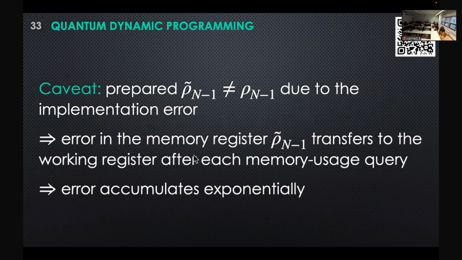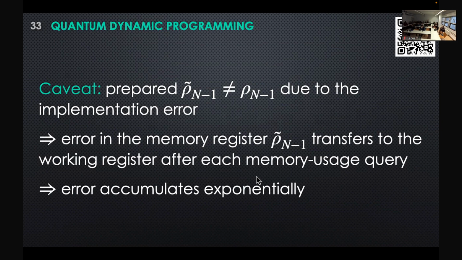This error in the memory register transfers to your working state every time you carry this memory state. So if you want to replace the entire n steps with this dynamic programming approach, the errors will accumulate exponentially. So that's very sad.